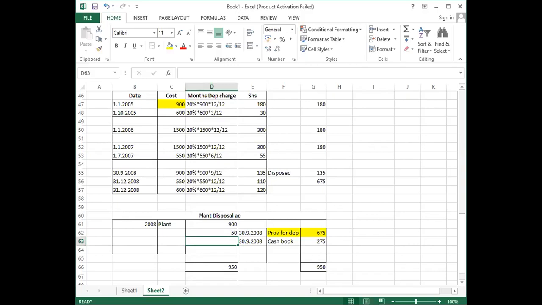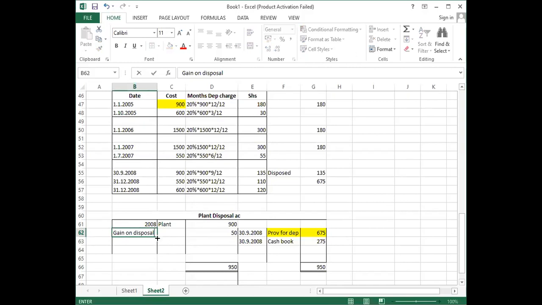Someone? Gain or a loss? This is a what? A gain on disposal. A gain on disposal of machinery.